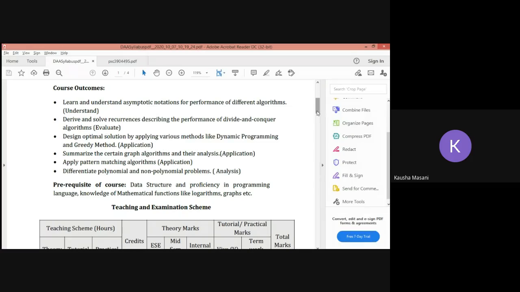Can anyone name any algorithms that you know from data structures or OS that you have read or remember? Any algorithm that you remember? The name, just the name. Nobody remembers any algorithm?